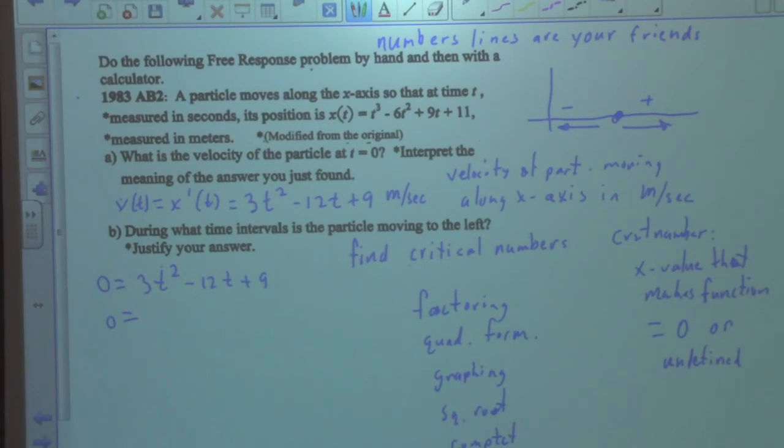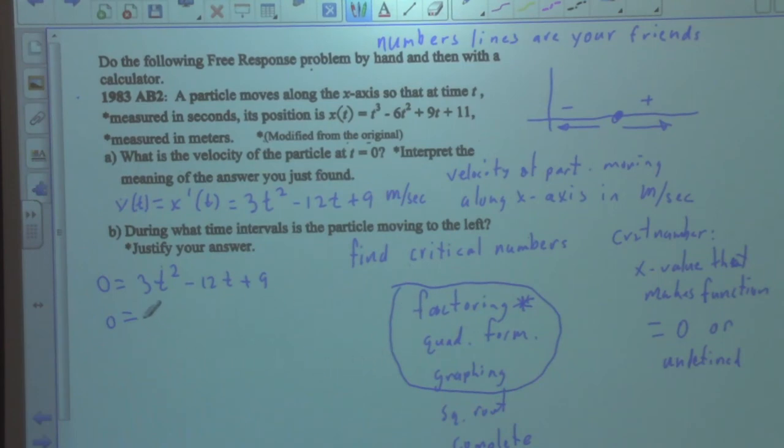In the first 3 methods, you have one side of the equation equal to 0. These other 2 you don't. So do you have one side of the equation equal to 0? Yes, you do.